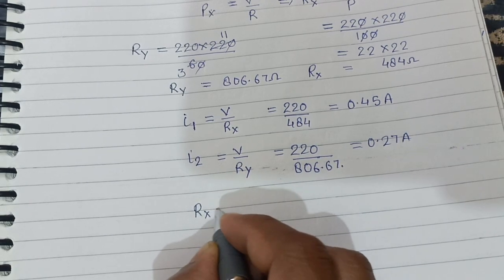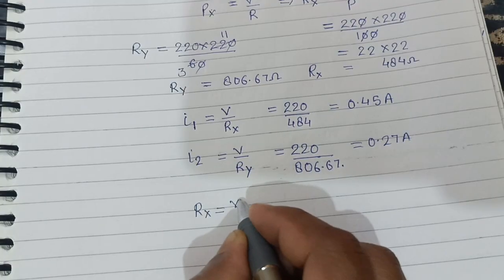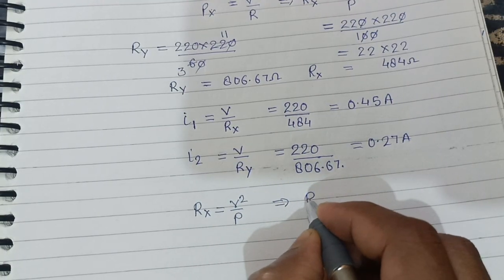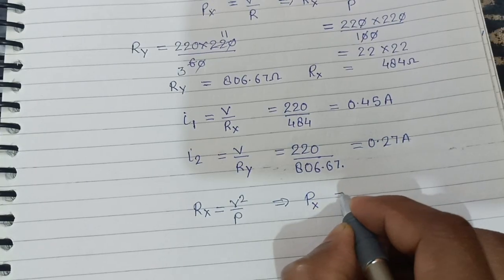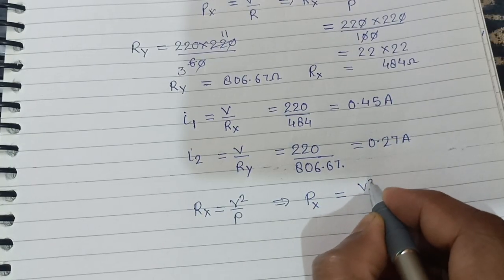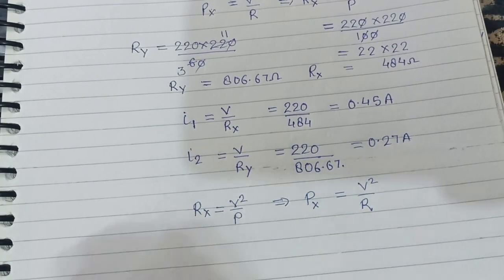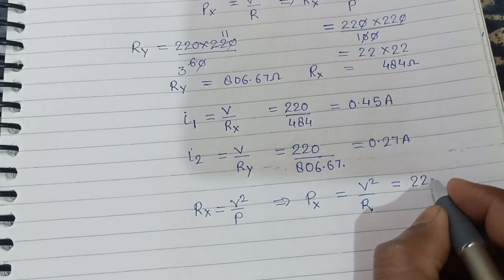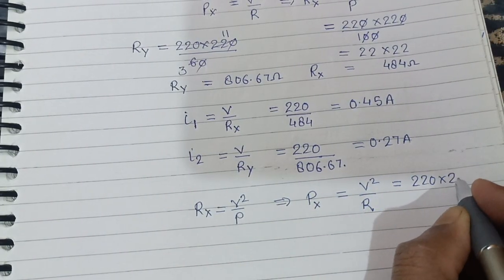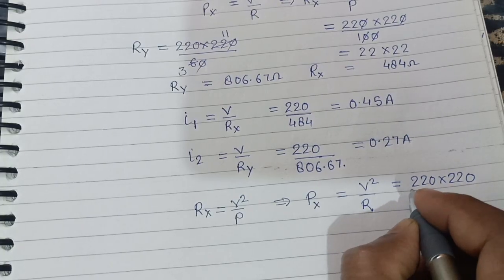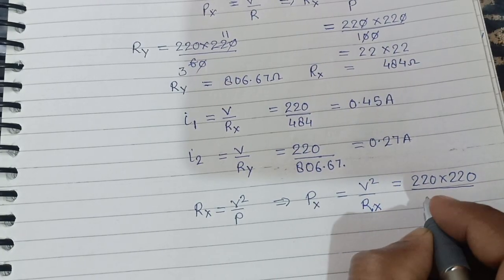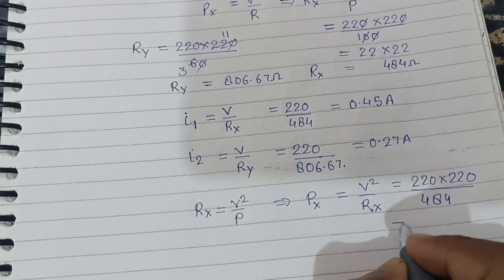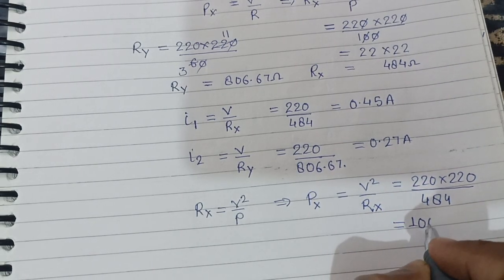Rx is equal to V square by P, so Px is equal to V square by R. V is 220 into 220 and Rx is 484. So solving this, we will get 100 watt.